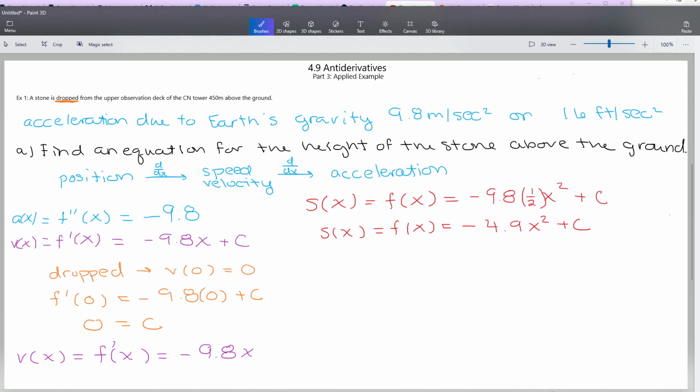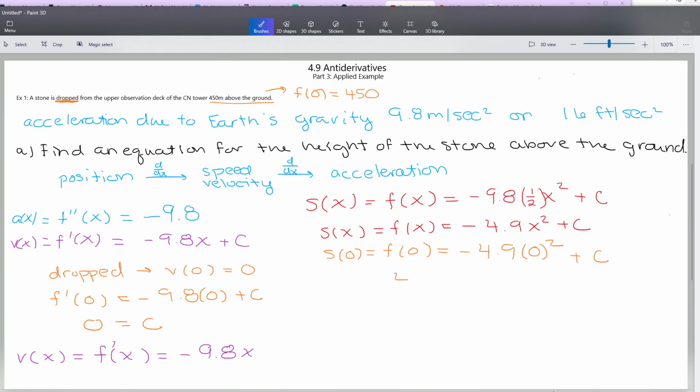So I'm going to use again the information given in the question to figure out what c is. It is dropped from the top of the tower 450 meters above the ground. So at the start, at time 0, my answer should be 450. This is telling me that f of 0 is 450.